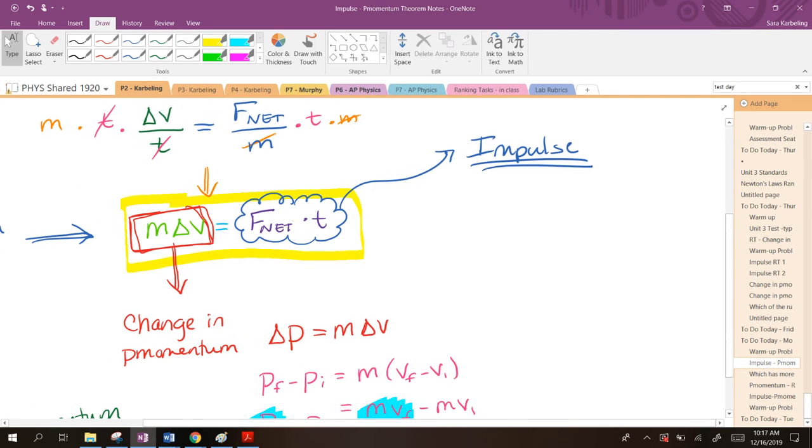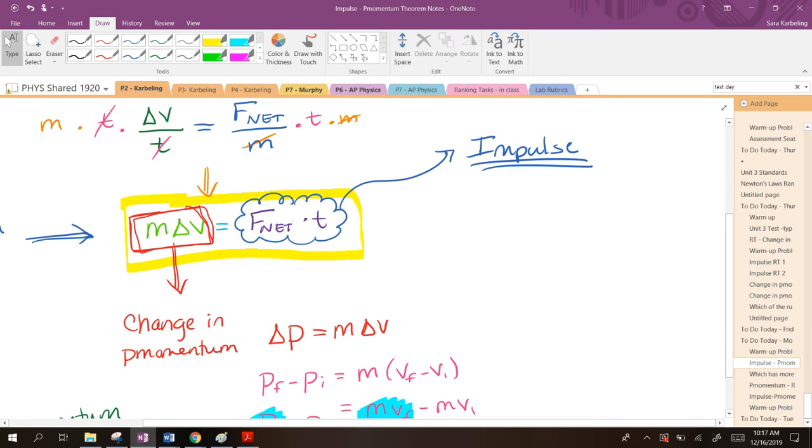So momentum is a word and a concept that we use in physics a lot, so much so that it's given a letter. The letter is P, right? Why? Because momentum starts with a P. Impulse is also a concept that we use a lot in physics. The letter that's associated with it doesn't show up very often, though.